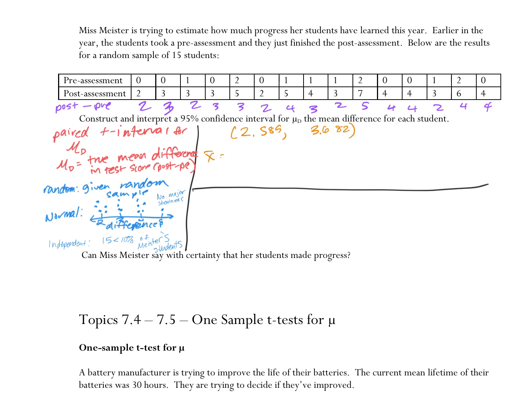Also, x bar was equal to 3.133. S was 0.990. We need to put n also, right? N equals 15. Everybody good?